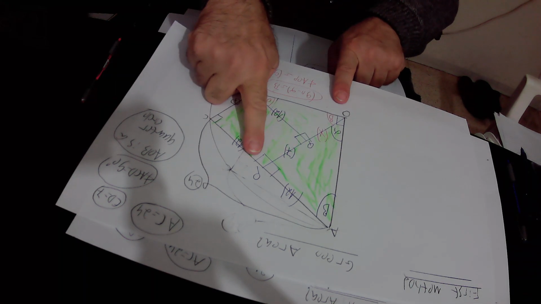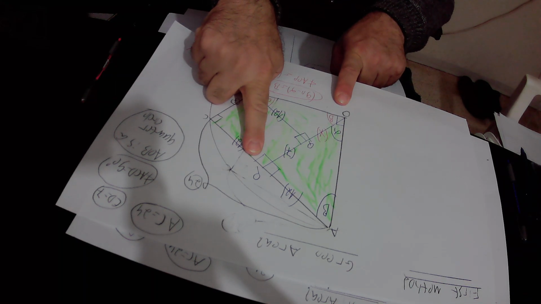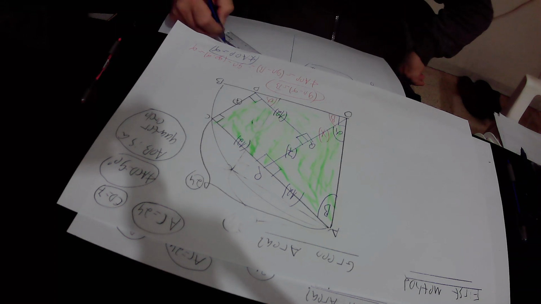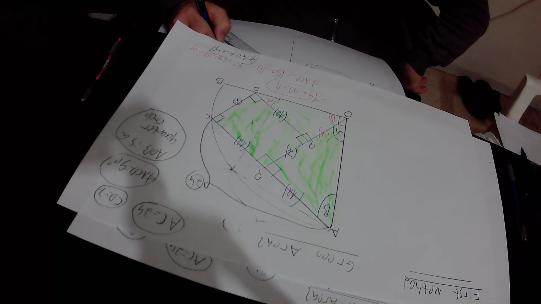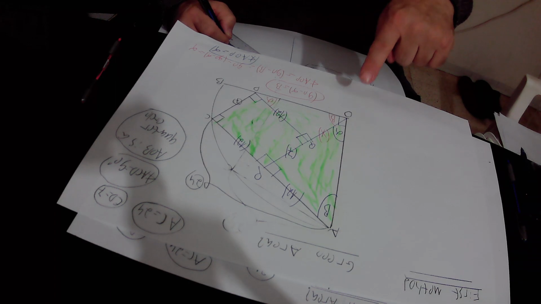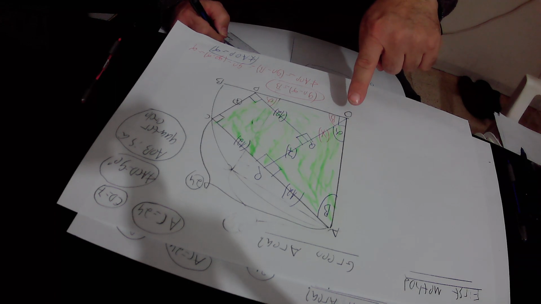What is the value of PO? It is very easy to see that PO equals 7 plus x. Angle AOP equals alpha.